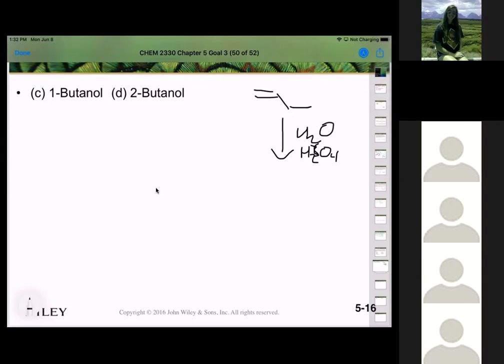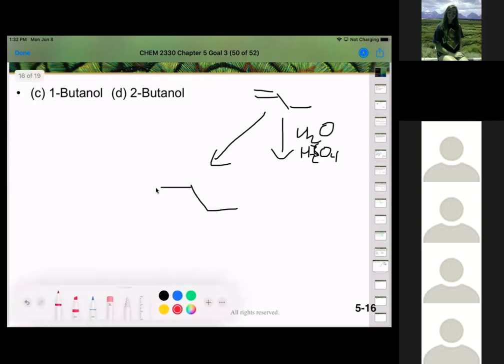Let's figure it out by drawing the first step in the mechanism, which would be the addition of a hydrogen. If we add a hydrogen and use Markovnikov's rule, our structure looks like this. We've added our acidic hydrogen and we have a carbocation here.